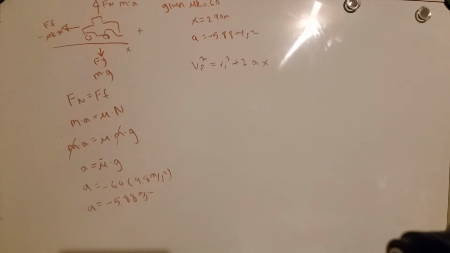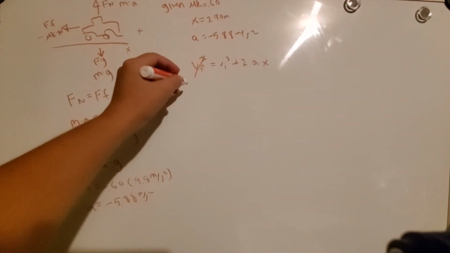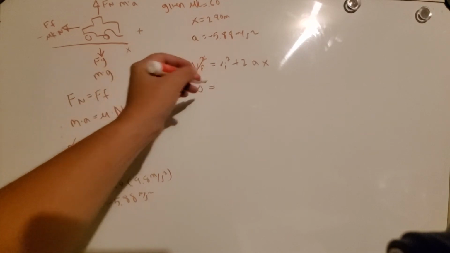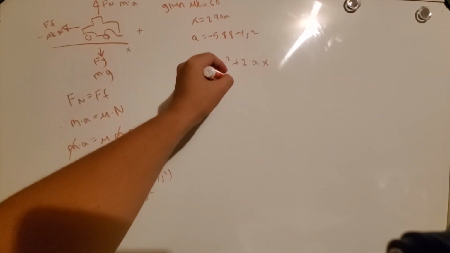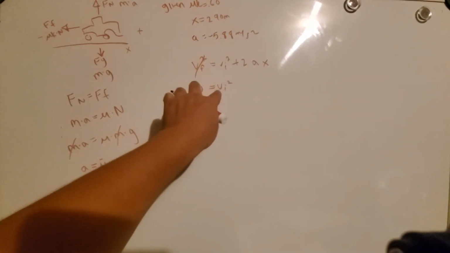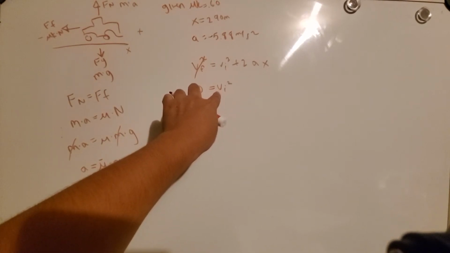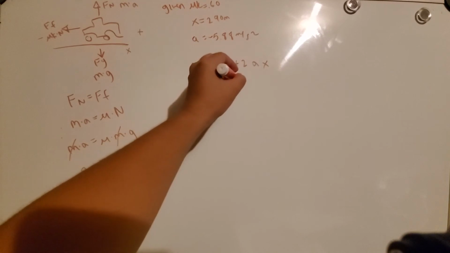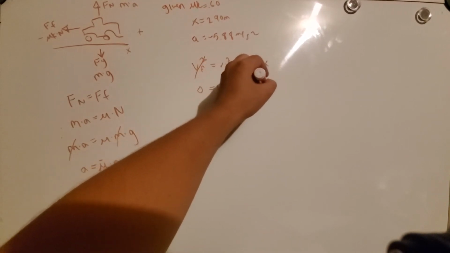The question asks how fast the car was going, it is not asking what the final velocity was. For that reason, we'll substitute the final velocity with 0. So 0 is equal to initial velocity squared plus 2 times acceleration times distance.